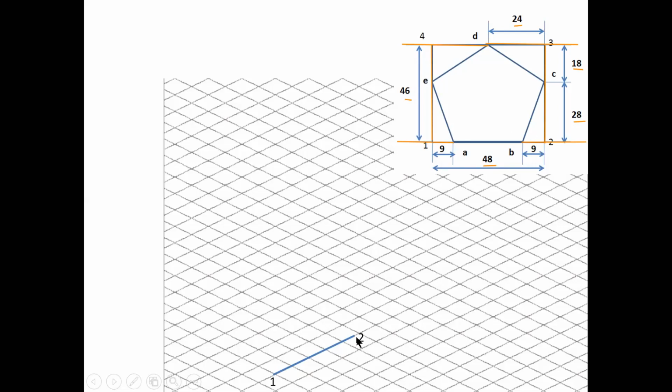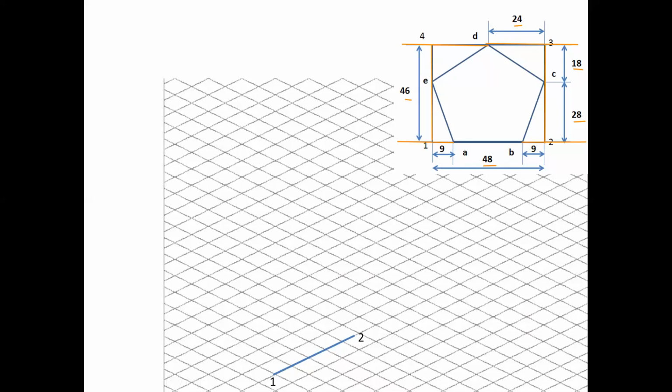So approximately, one box is equal to 10 mm. So in isometric value, 10, 20, 30, 40, and 50. But it is 48, so less than 50 by some distance. At some distance, mark one point and name it as 2.